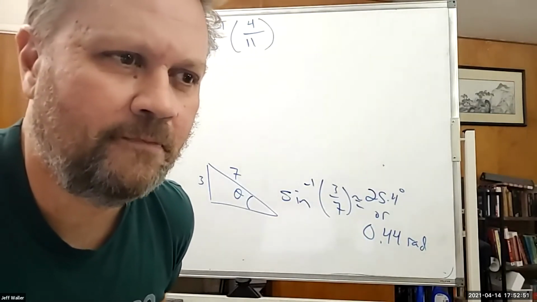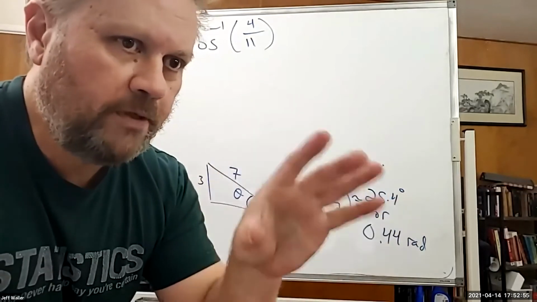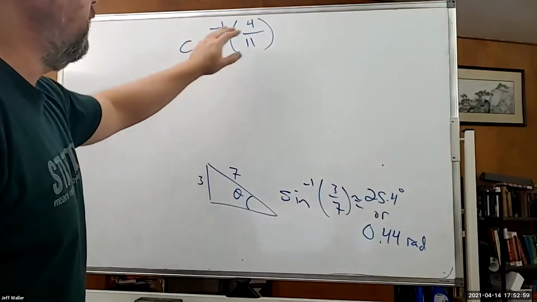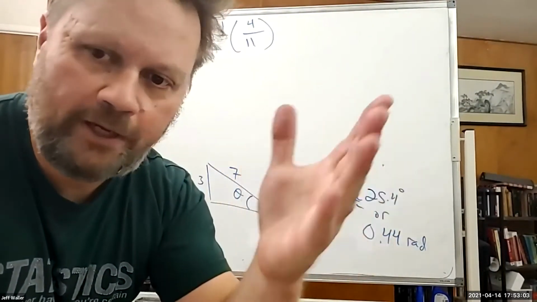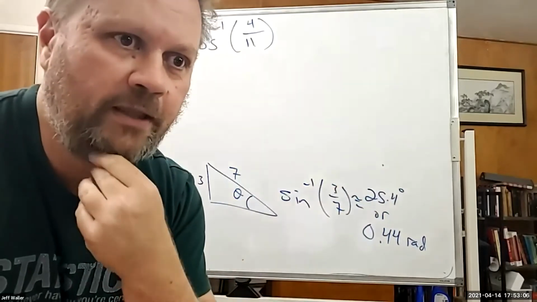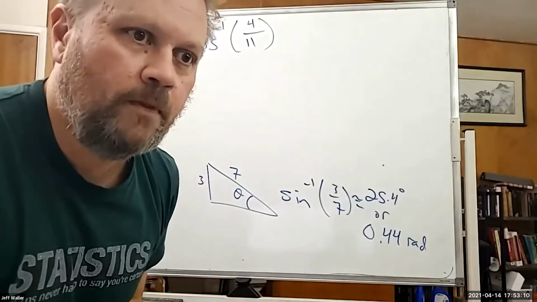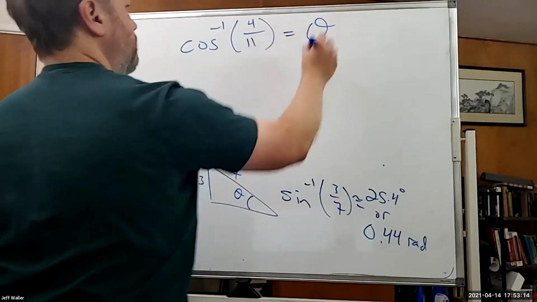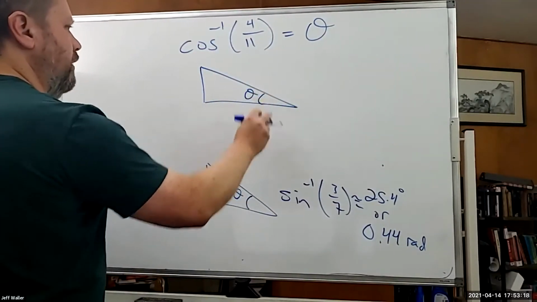You can draw a triangle that represents the ratio that's in there. What does inverse cosine of something represent? An angle, the same way that a logarithm represents an exponent. So let me call this theta. I can draw a triangle where that's theta.